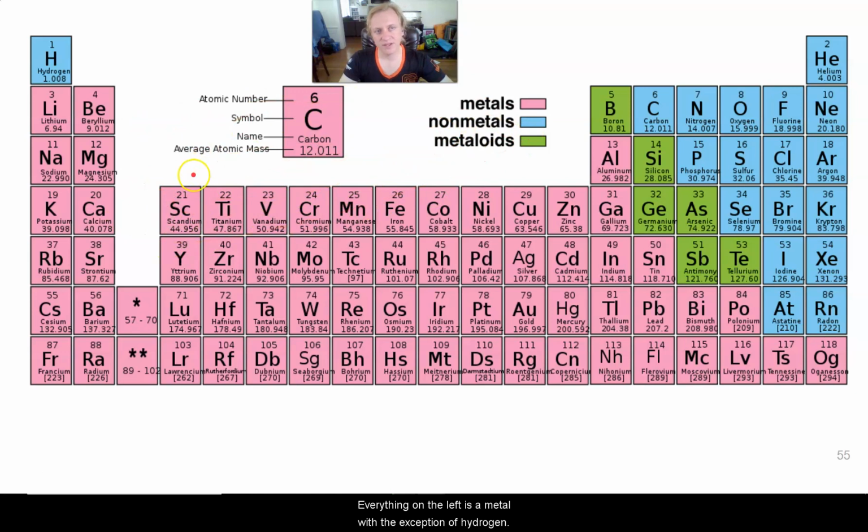Everything on the left is a metal, with the exception of hydrogen. Hydrogen does not count. Hydrogen is a nonmetal. So the whole left-hand side of the periodic table is a metal. And everything on the right in this top corner is a nonmetal.